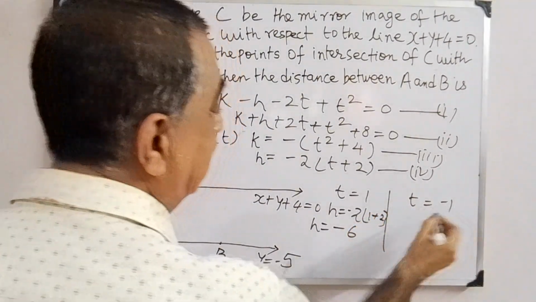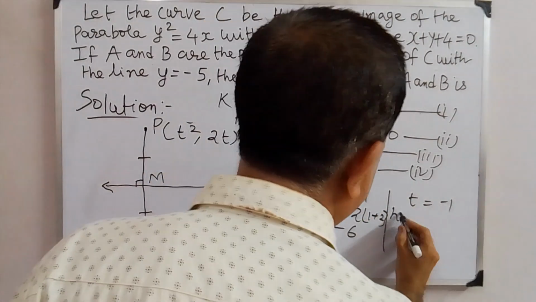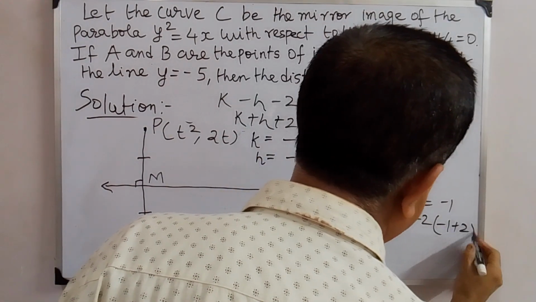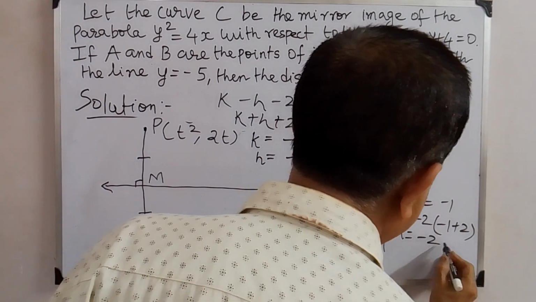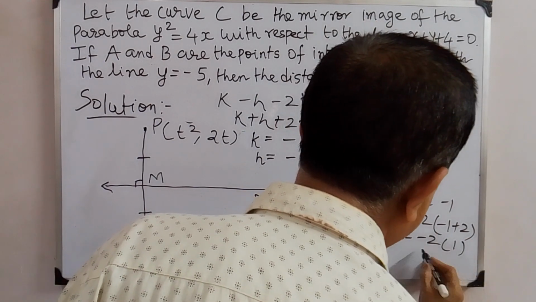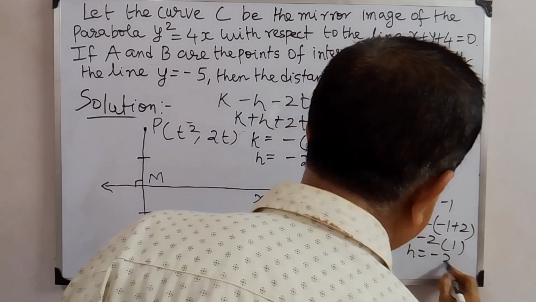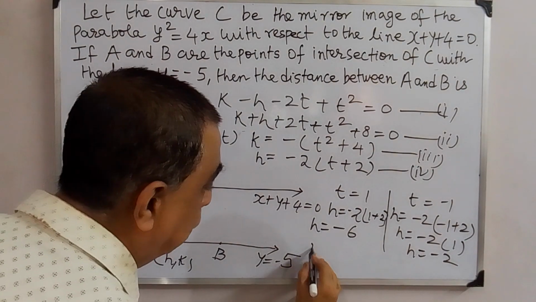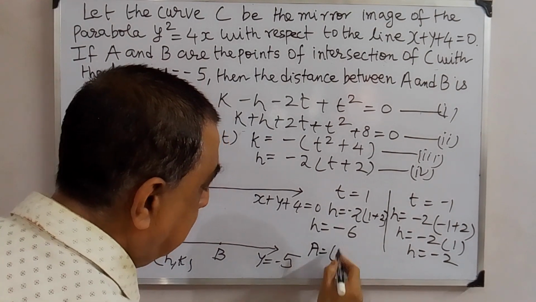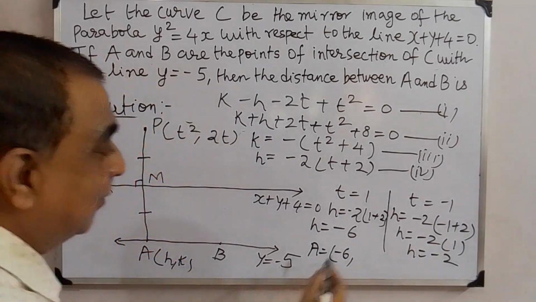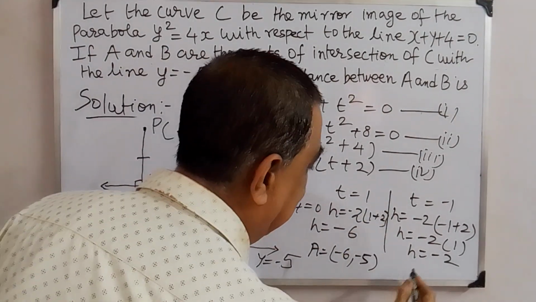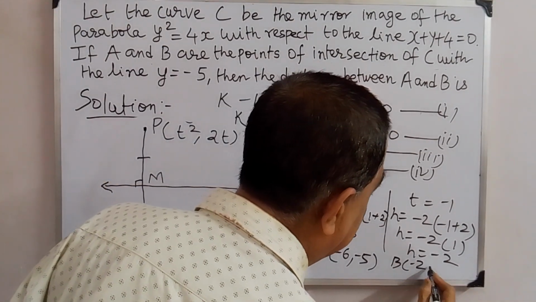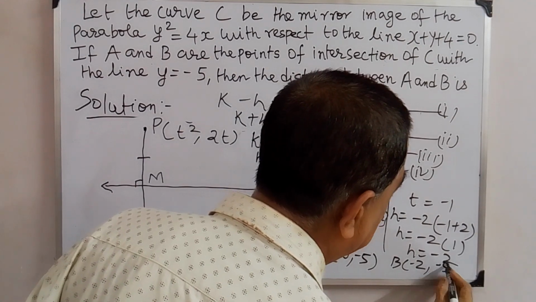And when we take t equals minus 1, h will be minus 2 into (minus 1 plus 2), which is 1, so h equals minus 2. So the h values are minus 6 and minus 2. So the coordinates of A will be (minus 6, minus 5), and the coordinates of B will be (minus 2, minus 5).